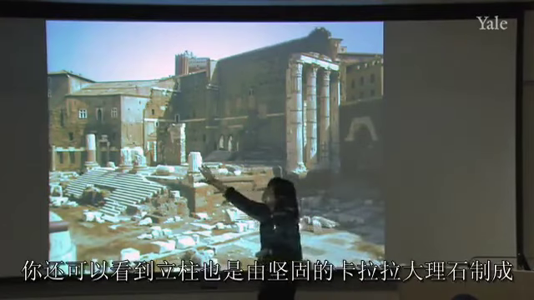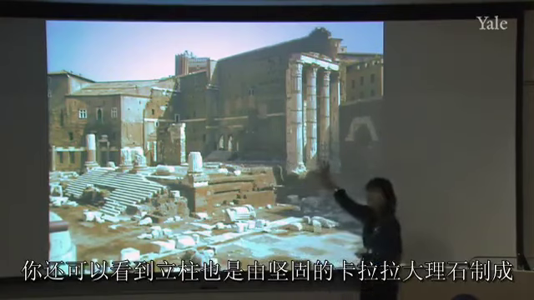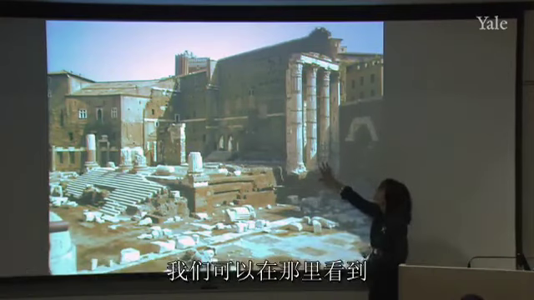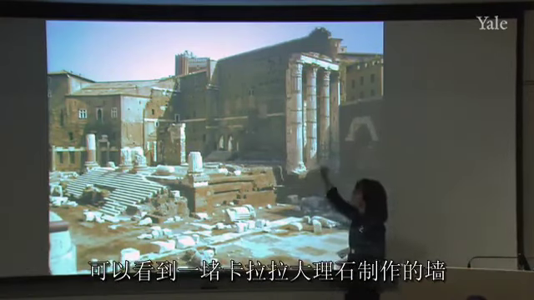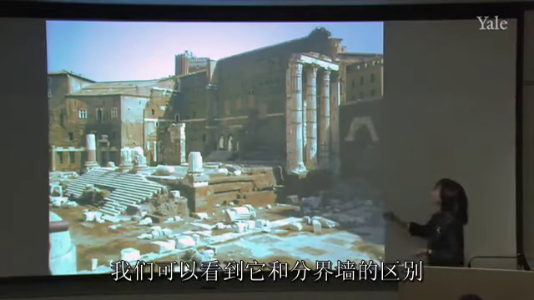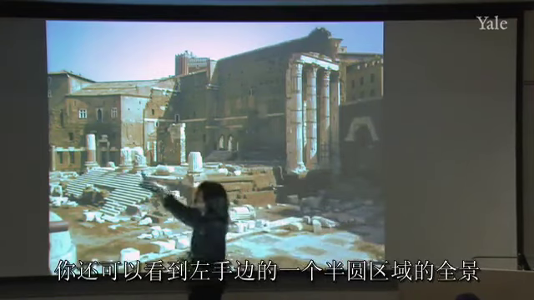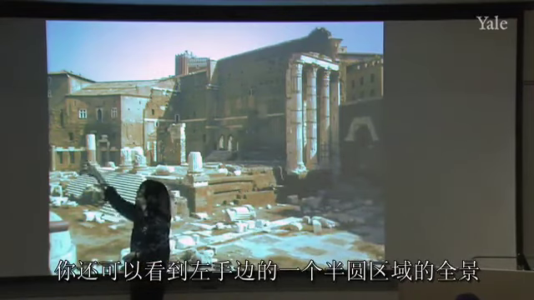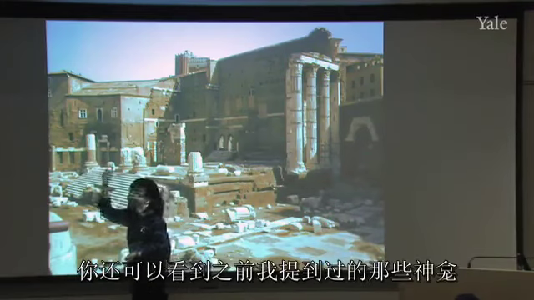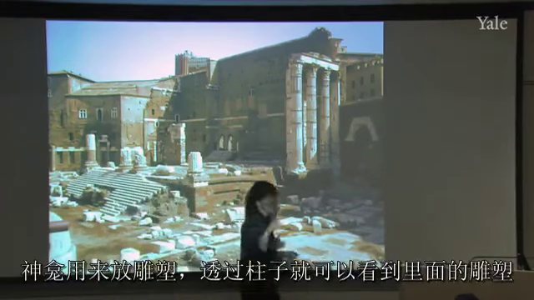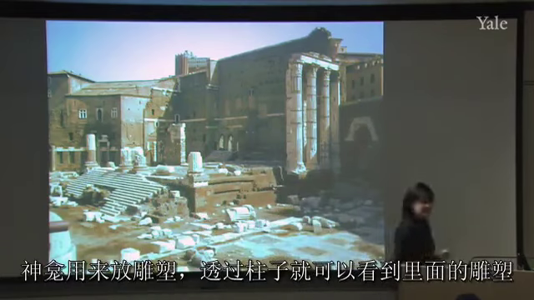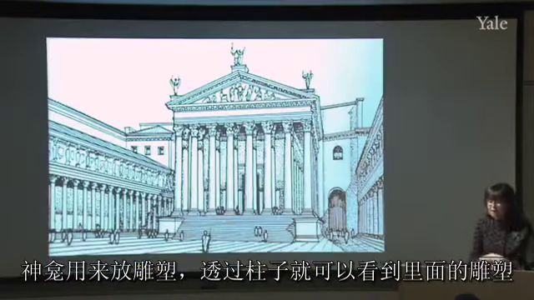You can see that the columns were also made out of solid Carrara marble. We see that here. We see a wall in Carrara marble, and we see the distinction between that and the peperino walls. You can also see in this very good view one of the hemicycles on the left-hand side, and you can see those niches that I mentioned before that would have held statuary that you could see through the columns.